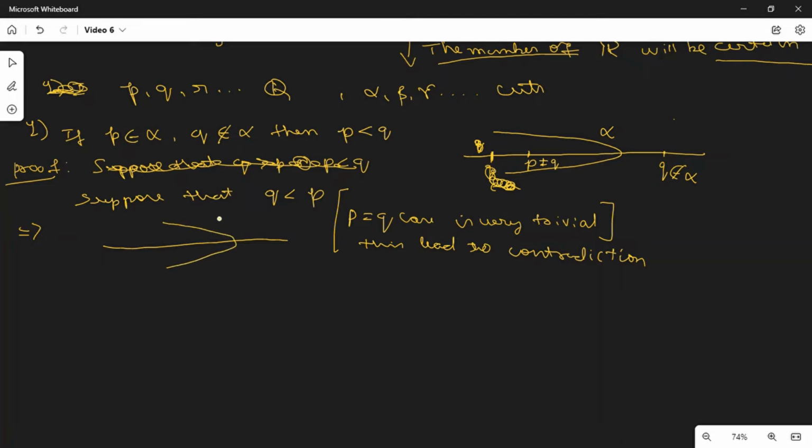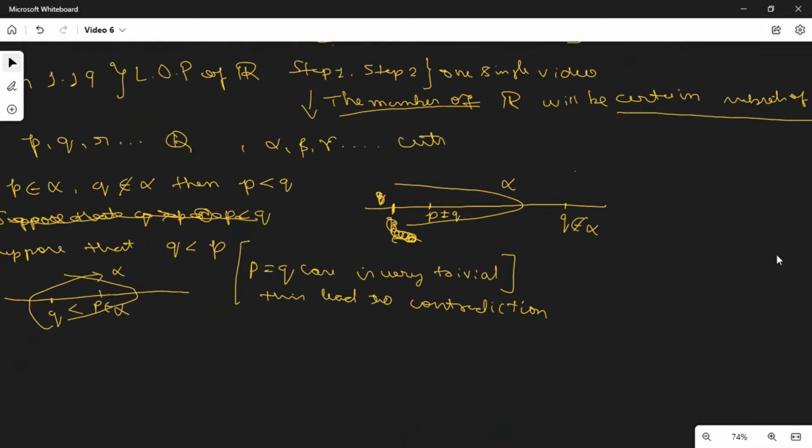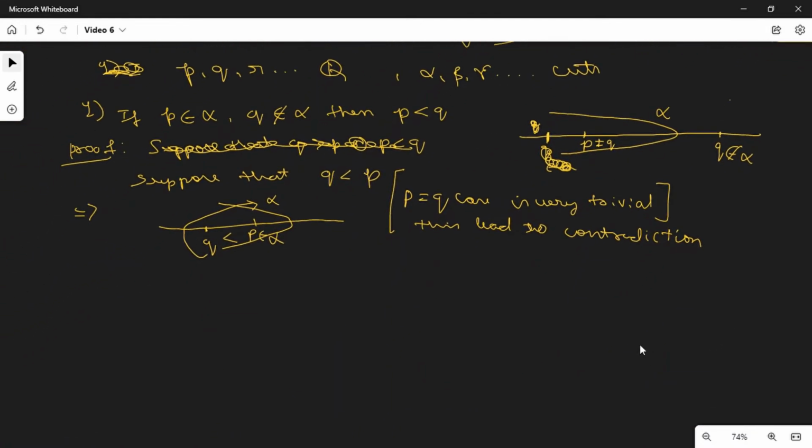If this is our alpha, this is our P, and P belongs to alpha, and Q is a rational number less than P, then Q also belongs to alpha. This is one of the properties. So this must hold, right? So what happens?